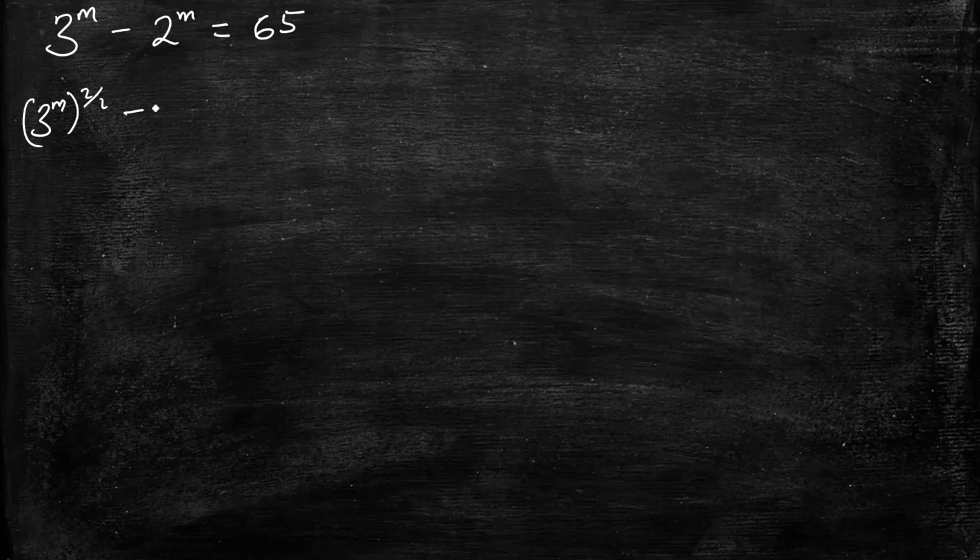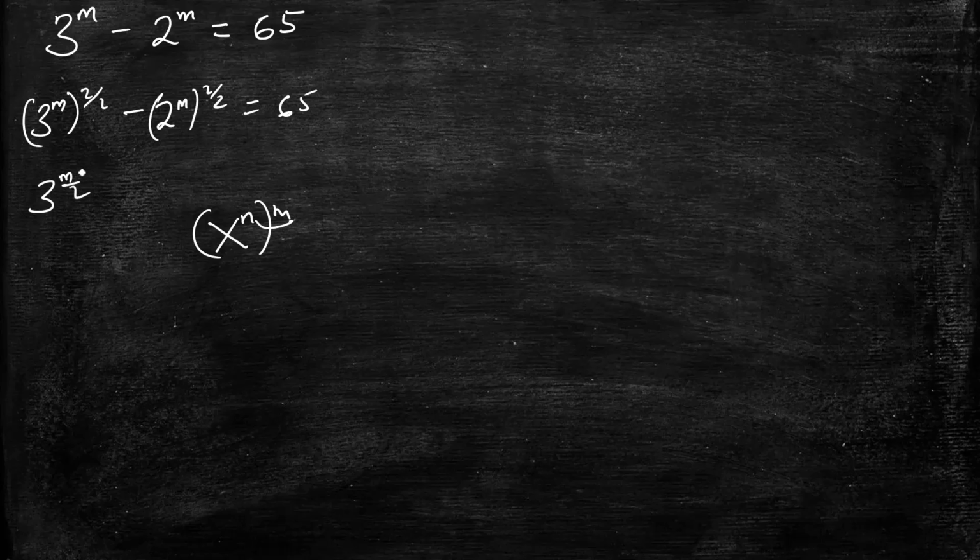So I'll do the same to the other one, 2 on 2 equals 65. All right, so in case we're given x exponent n, or times that, this one will multiply. So this one can be written as 3 raised to m on 2, all to the power 2.